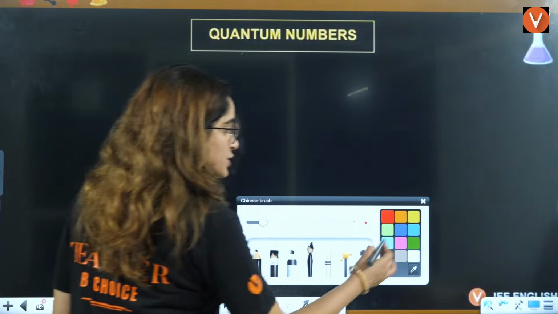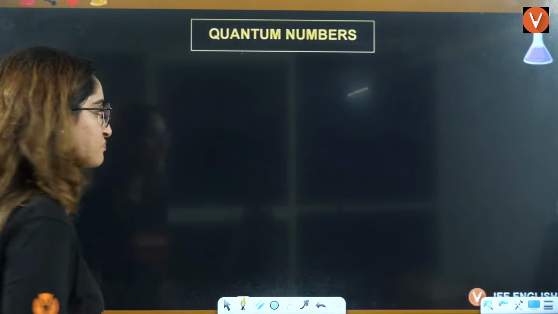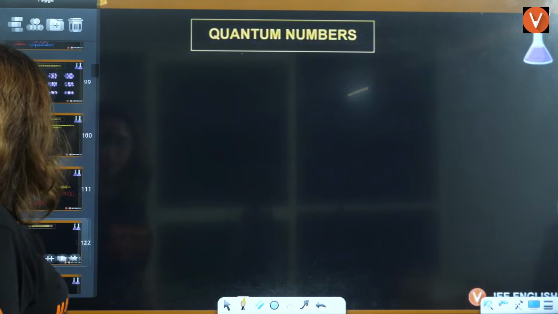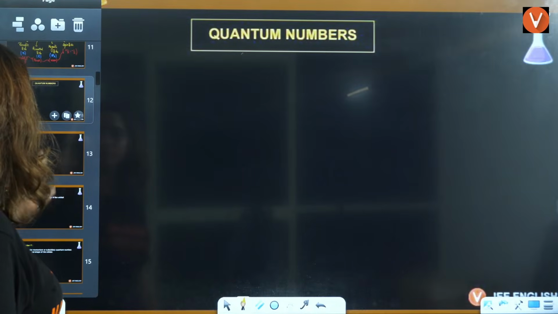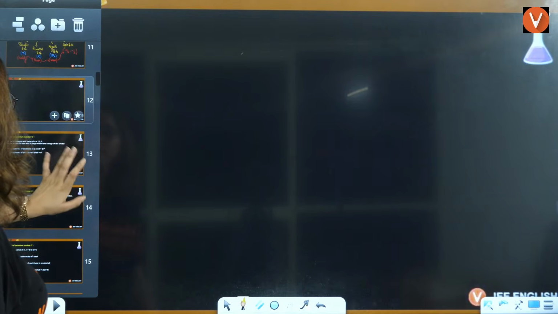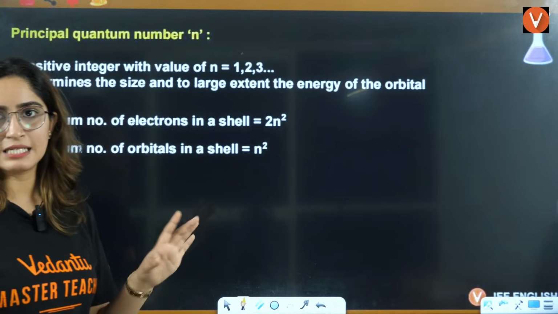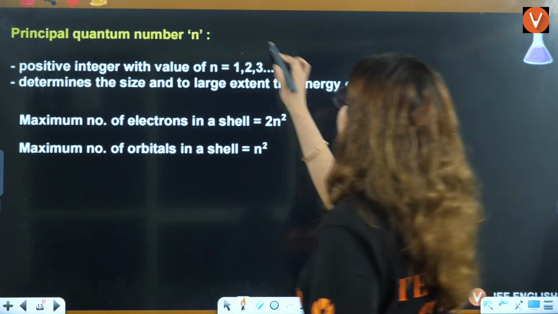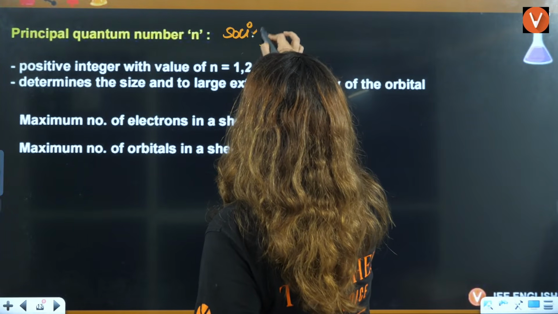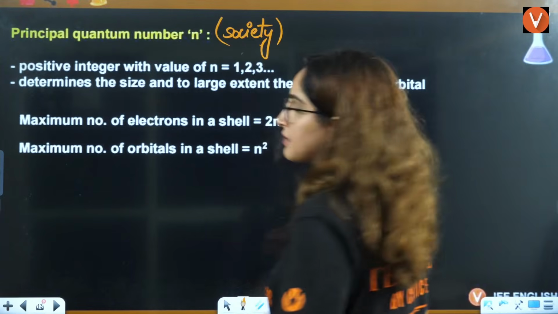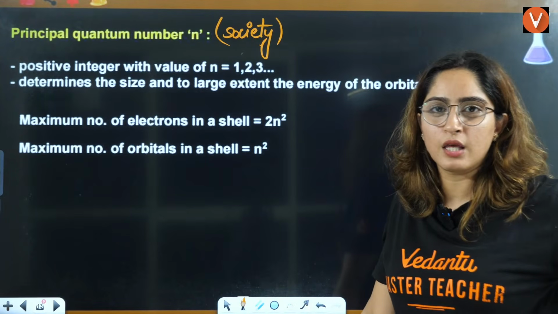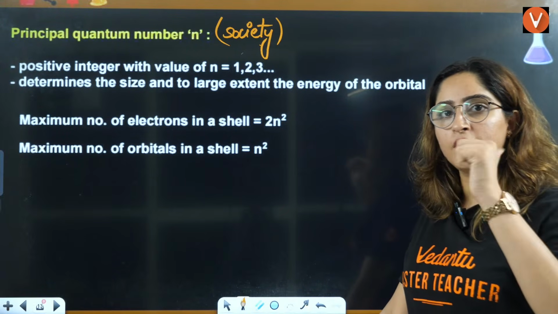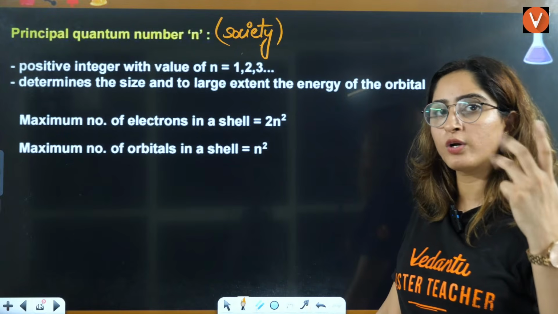I'll talk about that one by one. First, you need to see each of them, right? The principal quantum number is like the society that you are living in. Your society can have number one, two, three, four.